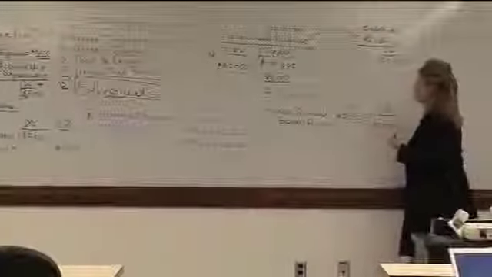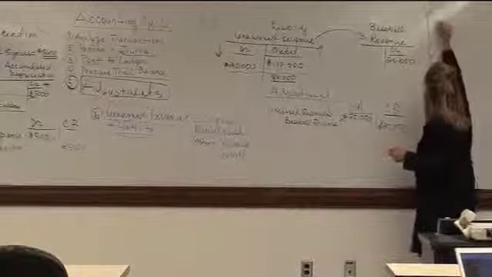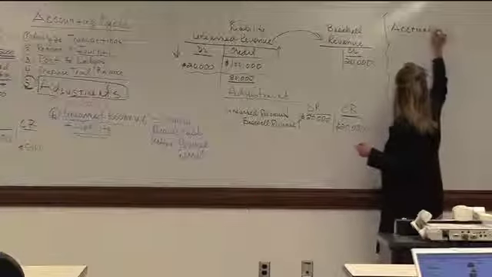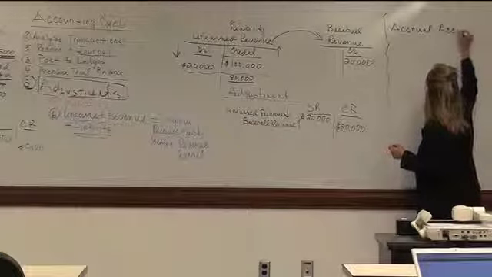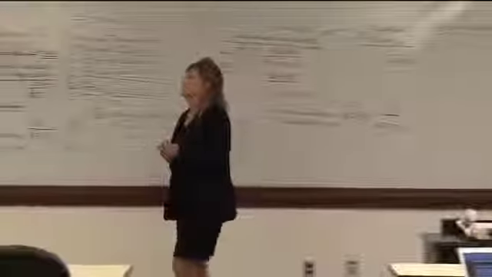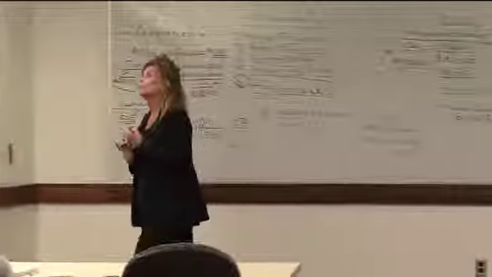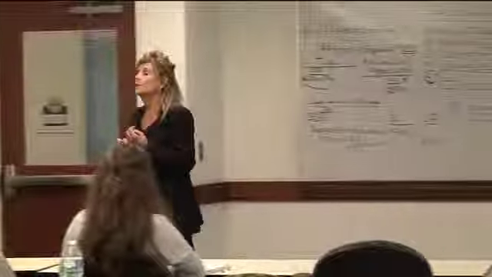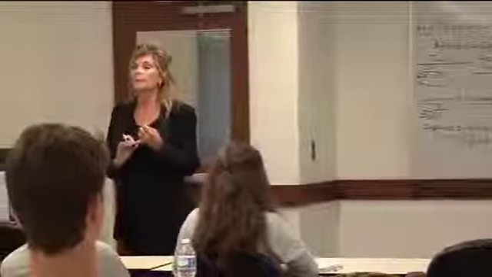The third and fourth types of adjustments are going to deal with accrual accounting. Our third entry is to accrue for revenue earned but not yet received.